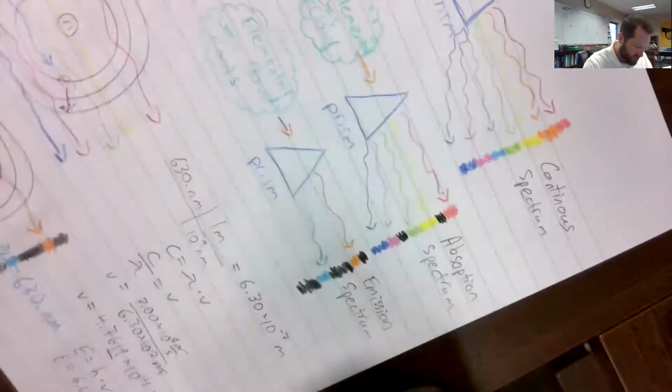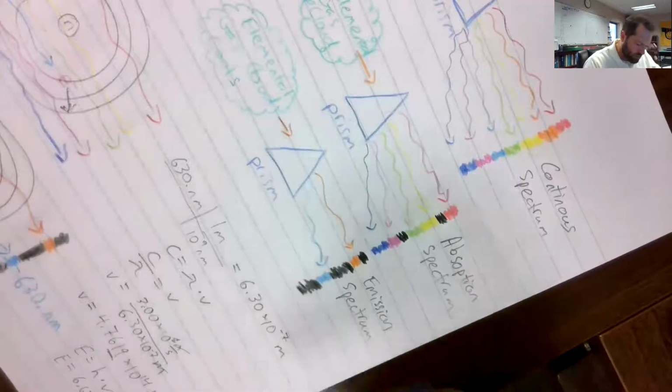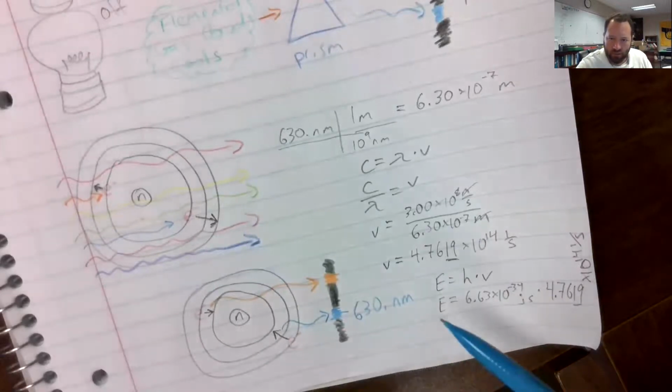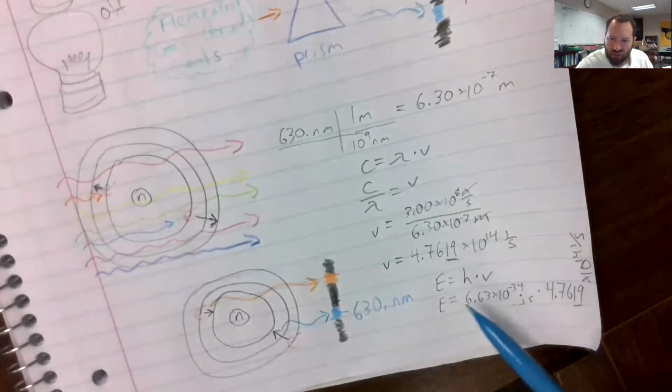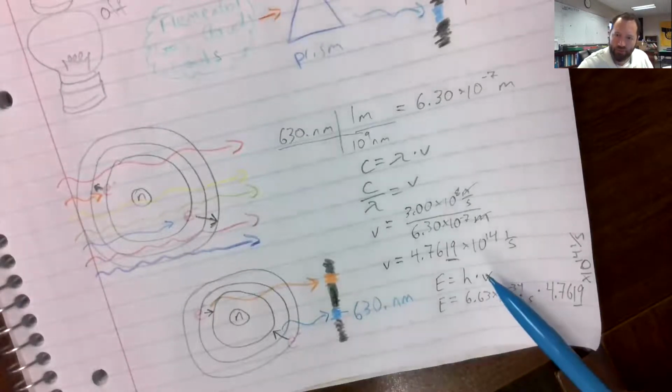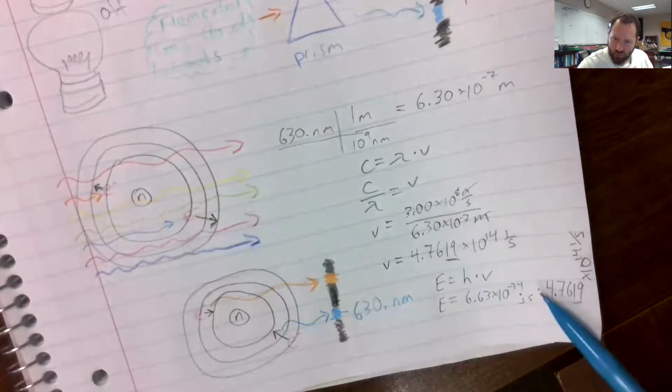Sorry about this, this is sloppy, very sloppy. I should have started a new page for the calculations. Trying to squeeze it all into one. Okay, so here's our h, 6.63 times 10 to the negative 34th joule seconds. And we're going to multiply that by the frequency nu, this number here that we just got.